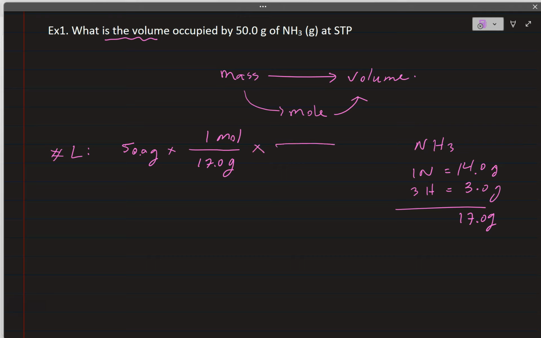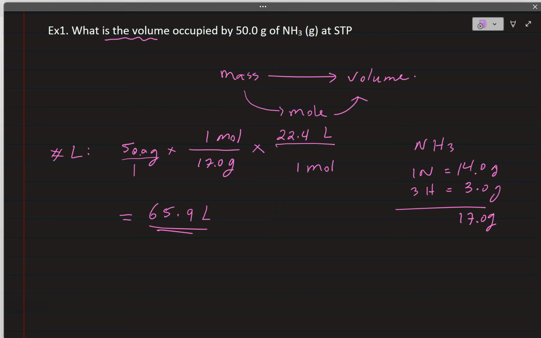And now we want to go from mole to the liters, which is the 22.4 liters. That is Avogadro's hypothesis for molar volume. And then we just multiply everything and divide by 17. Remember, this is multiplying fractions. Multiply all the top, divided by everything in the bottom, and then you will end up getting 65 liters.